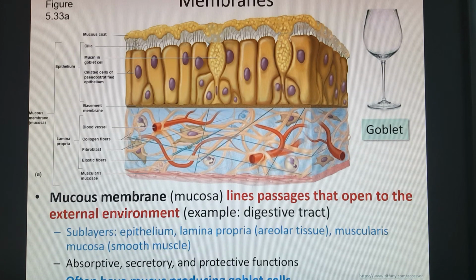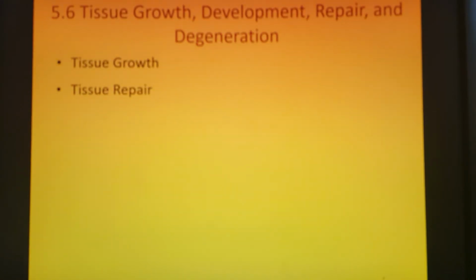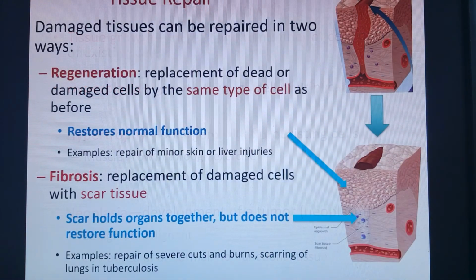Okay, mucous membrane. Last one, tissue repair. Let's go. I'm going to go over tissue repair. Once I find it, there we go. We have two types of tissue repair. Once you have some kind of damage, depending on the type of tissue, your type of repair is going to be either through regeneration, where the cells that were damaged get restored by creating new cells that fill in that space.